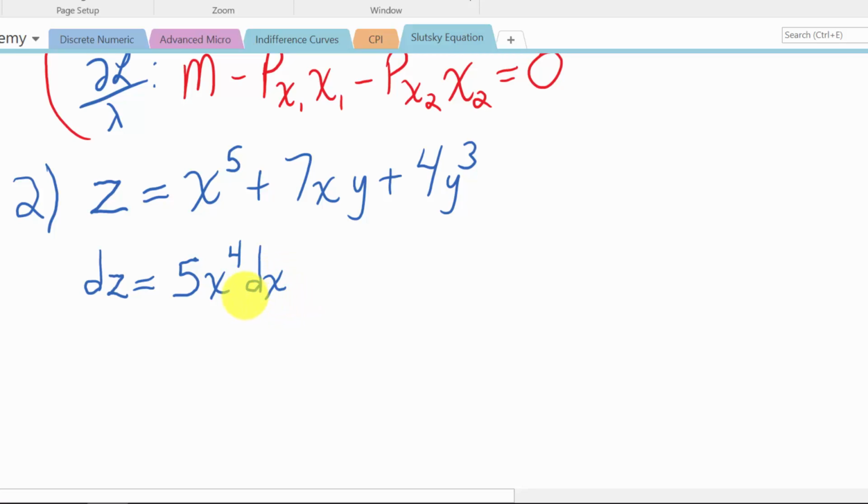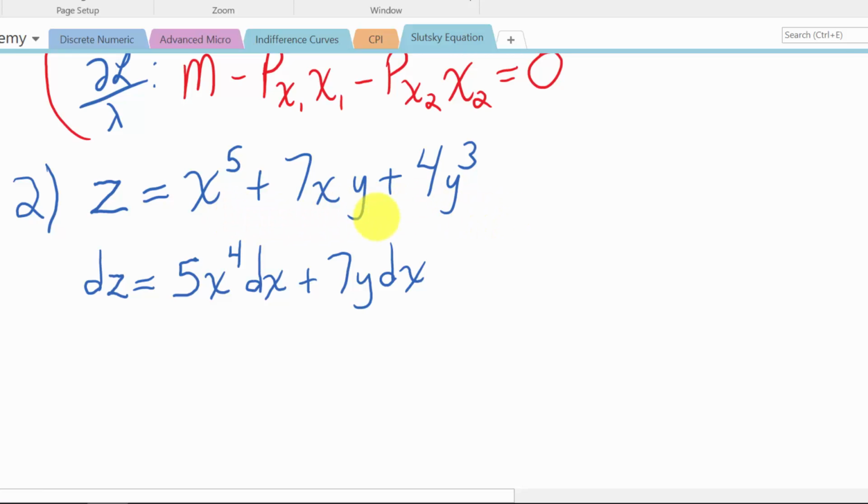So when there's a very tiny change in dx, multiply that by that magnitude to see the magnitude of change in z. And then we want to take the derivative of the second term with respect to x, and that's going to be 7y, so plus 7y. Again, dx, because we're seeing how changes in x affect z. And there's nothing else with an x.